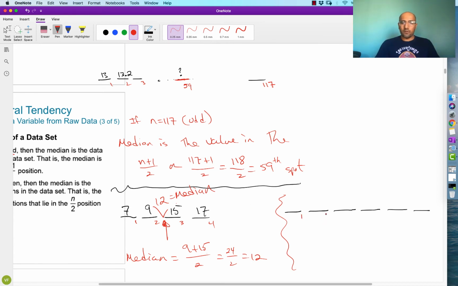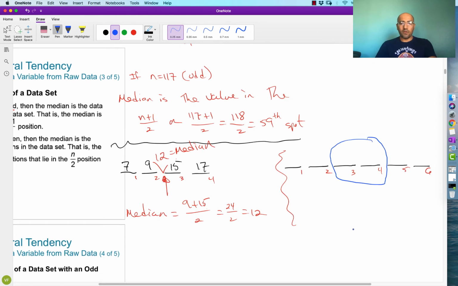It doesn't even matter what those numbers are yet. It would make sense that in order for us to find the median, it'll involve these two, right? These two are in the middle. There's 2 numbers that way, 2 numbers that way. I'm going to have to find the mean of these 2 numbers. Good? Good.